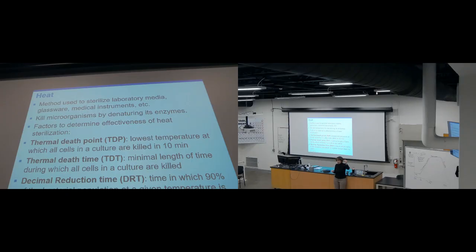But then let's say you increase your temperature to 50 degrees Celsius. With higher temperature, you expect that if these microbes are susceptible, they will be destroyed much quicker. So at 50 degrees Celsius, you kill 1 million microbes in 6 minutes. Well, 6 minutes will be your thermal death time. So thermal death time can vary.